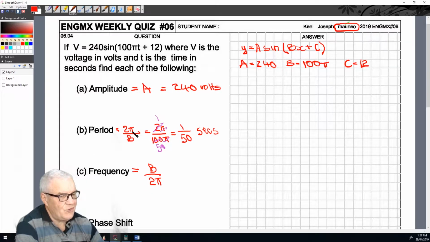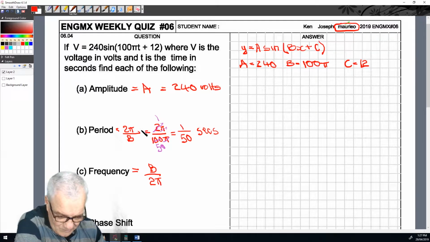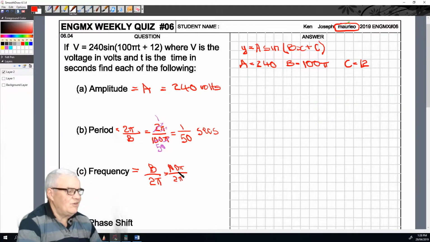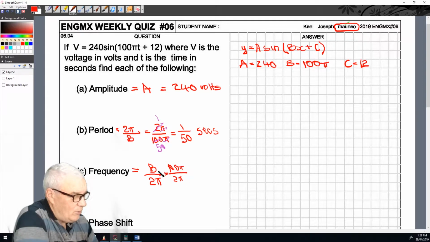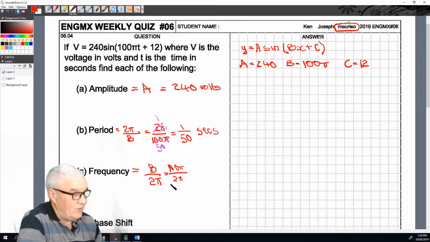It's just the inverse of the period actually, and that equals 100 pi over 2 pi. It pays to write this out actually, I think, even though you know there, just as a check on the first one, so that's all good.